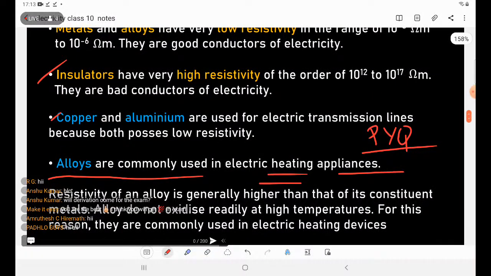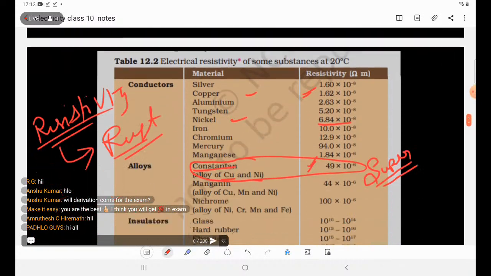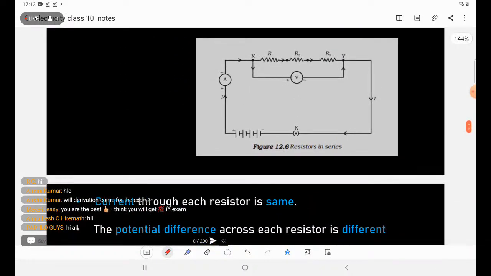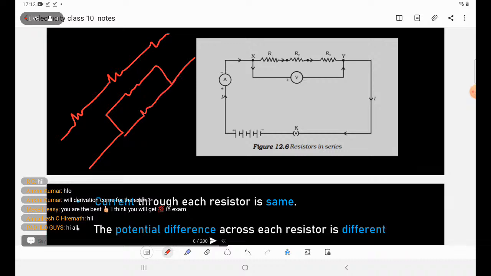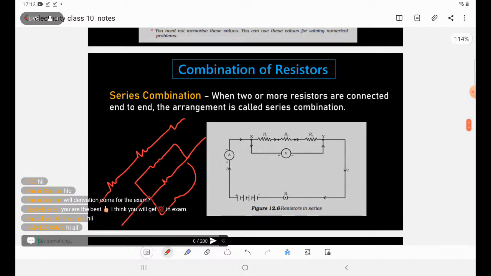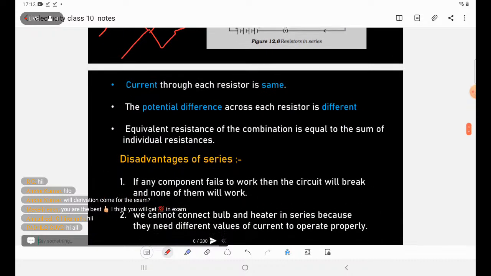We have talked about insulators, copper, aluminium, metals, and resistivity also we have talked. Next, let us come to the combination of resistors. There are two types of combination. One is in series, one is in parallel. Series means when they are kept adjacent to each other, connected end to end.